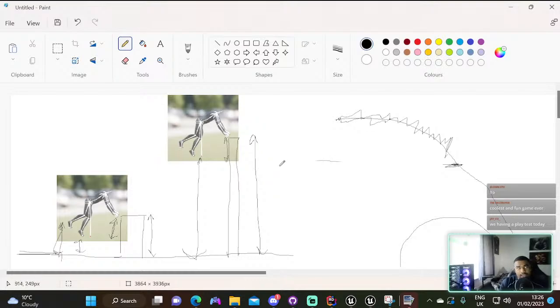Which kind of makes sense. Because if I've got a 2 meter wall, it's not just everything go 2 meters higher. It's jump 2 meters higher, and then obviously there is that carried momentum up, right?